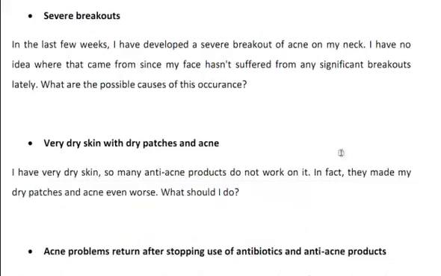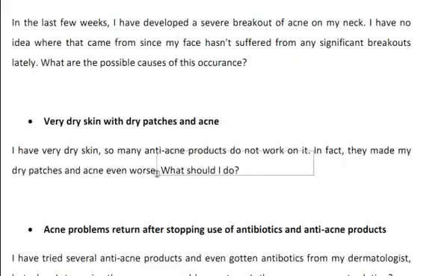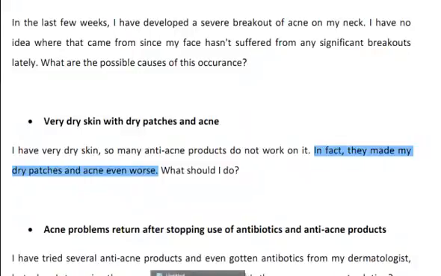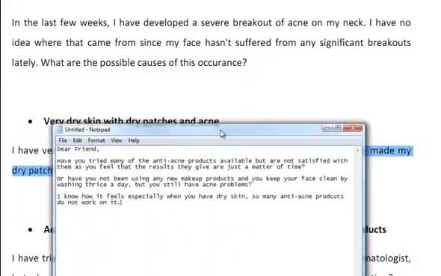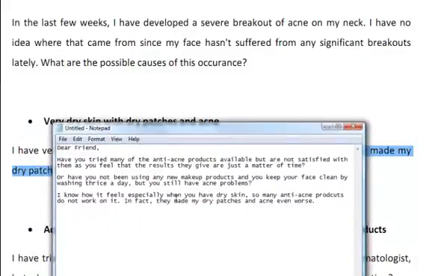So you could even copy and paste the entire problem. In fact, they make your dry patches and acne even worse.